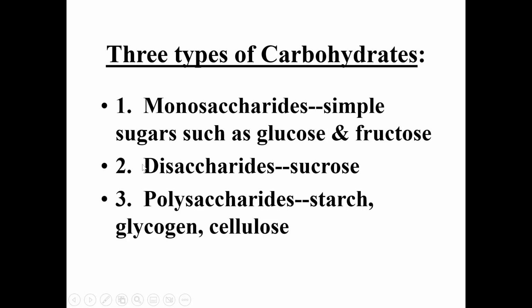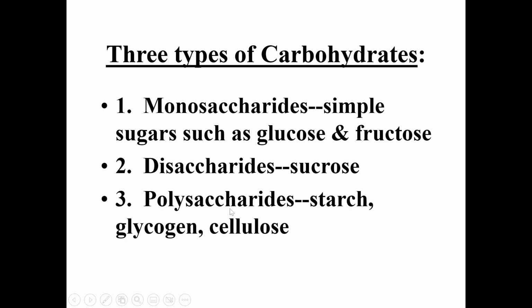But then we also have disaccharides, and so these are polymers, right? But composed of two different types of sugars. So sucrose is formed from glucose and fructose. So that's a disaccharide. Polysaccharides, however, are formed from multiple different types of monomers of these.